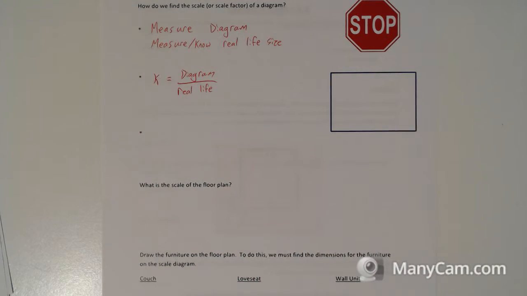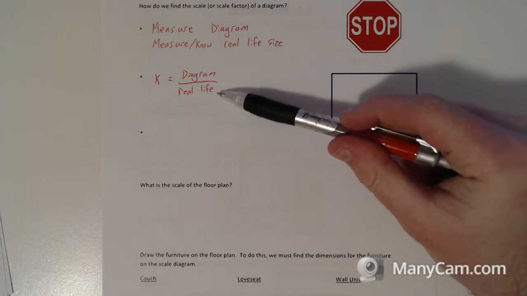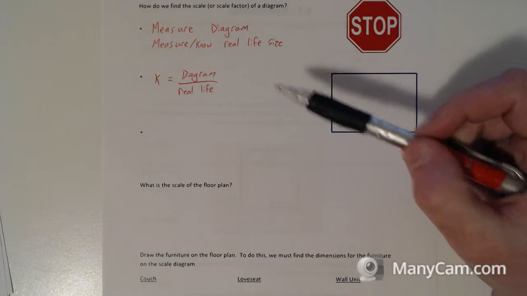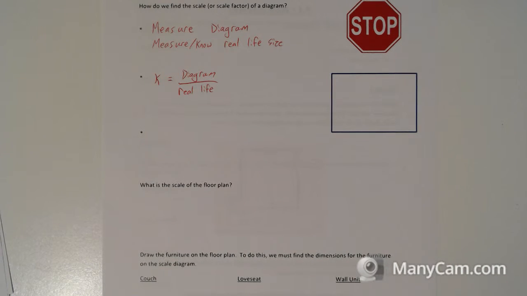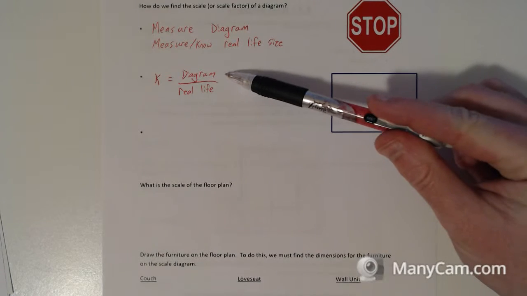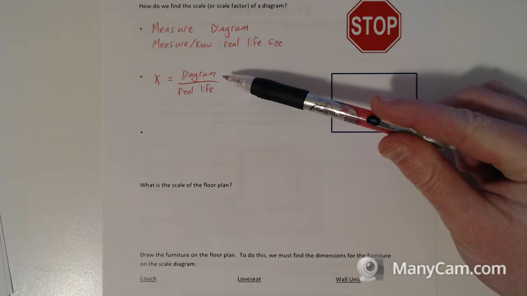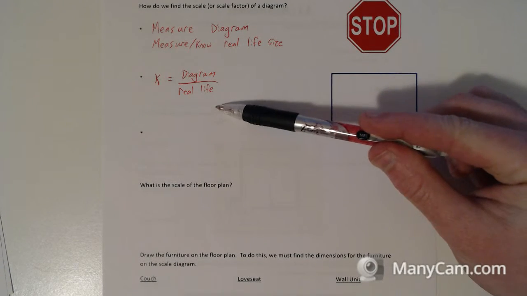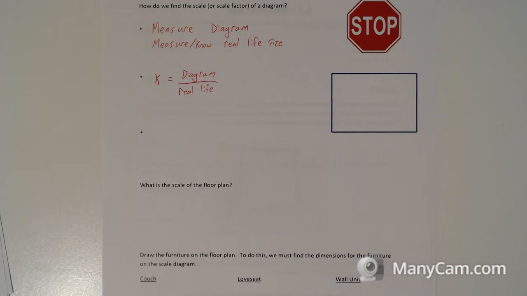So what is the diagram compared to real life? If the diagram is bigger than real life, then it's going to be like 2 to 1. It's actually an enlargement. Oftentimes, I think far more often, the diagram is much smaller than real life, in which case it's probably going to be like 1 to 5 or 1 to 10. It's going to be different numbers, though. You're going to get some random numbers.